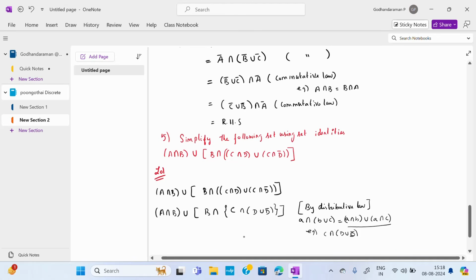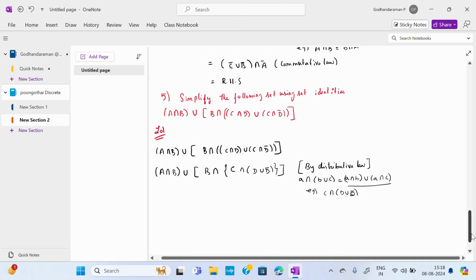Now next, what can I do? I can apply this. You check it: C intersection D union D bar. D union D bar we already know is nothing but the universal set by the inverse law.